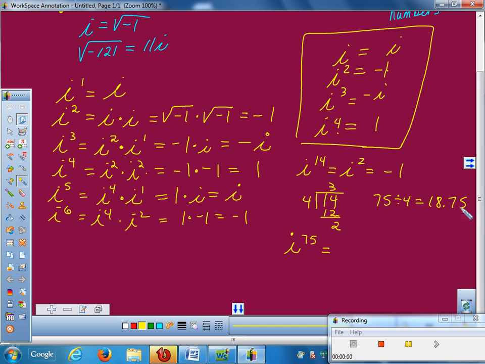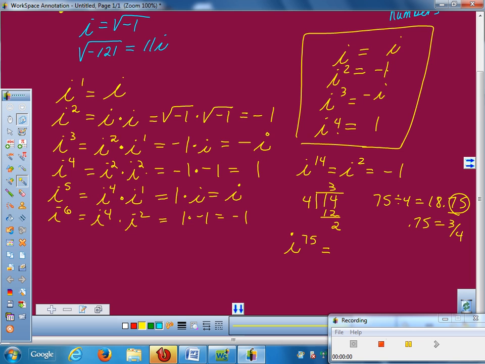Well, okay, which part of that's the remainder? The 0.75. So it's the 0.75 that matters. How do I use 0.75 to figure out which power of i this is? Bingo. 0.75 is the same thing as the fraction 3/4. So therefore, it's the same thing as i cubed.